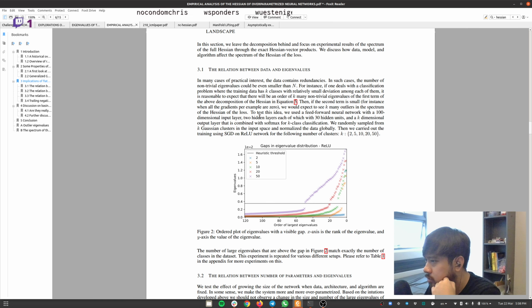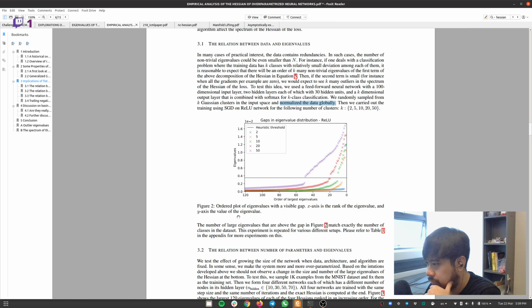But how do we do this? With a 100 dimensional input layer and a k dimensional output layer that is combined, we randomly sample from k Gaussian clusters in the input space and normalize the data globally.